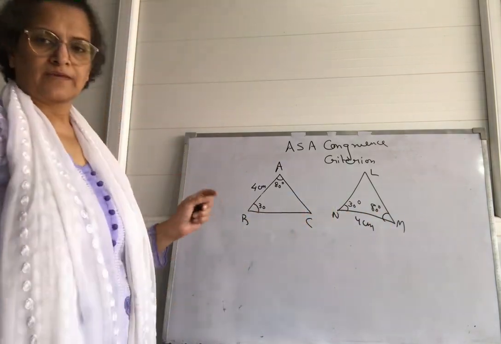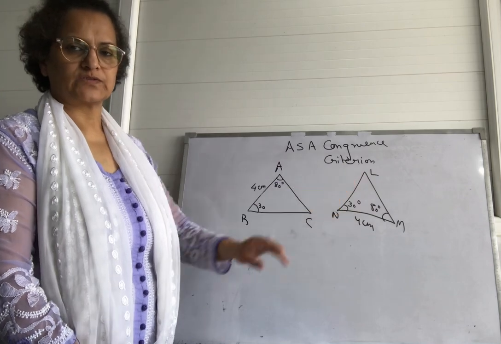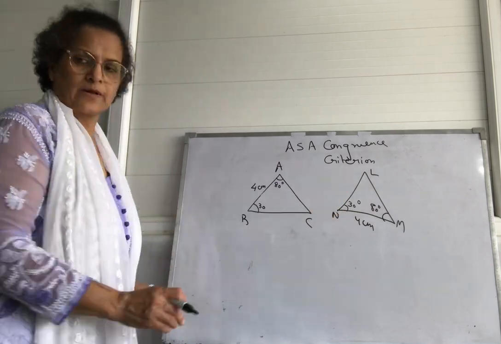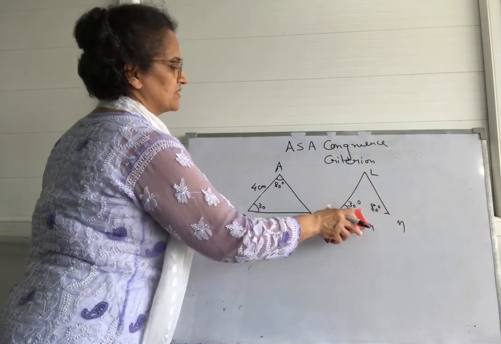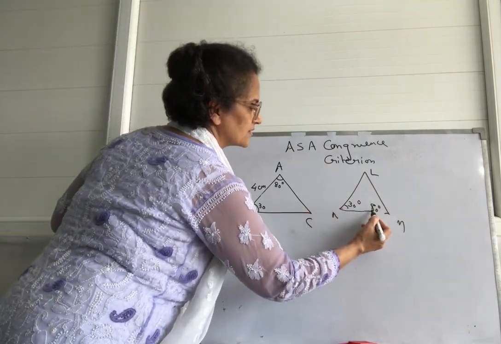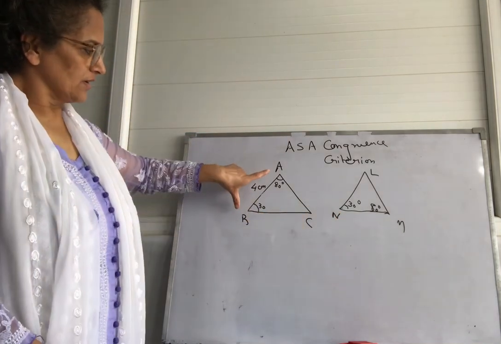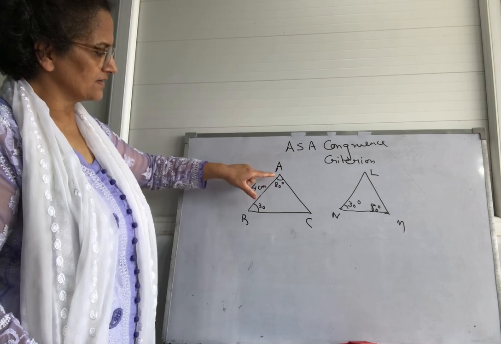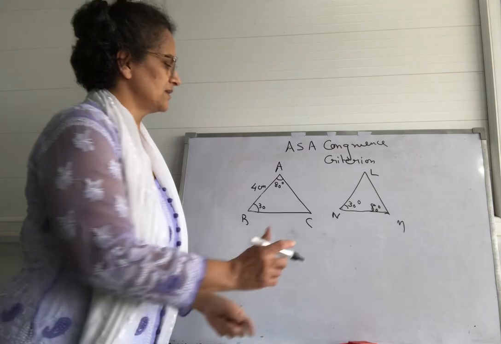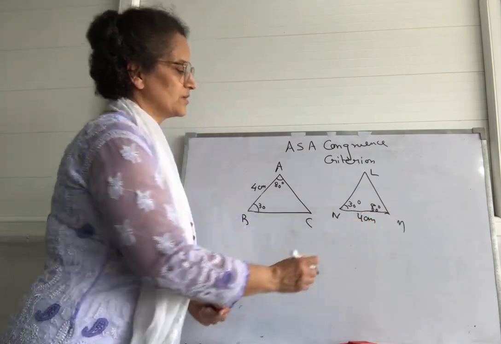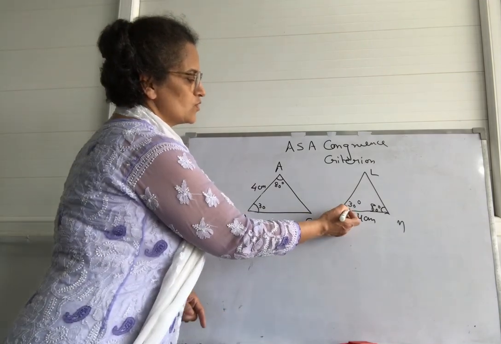So this triangle will be congruent to this triangle if this side is included between these two angles, and here this side I have marked as 4 centimeter, this side is included between these two angles.